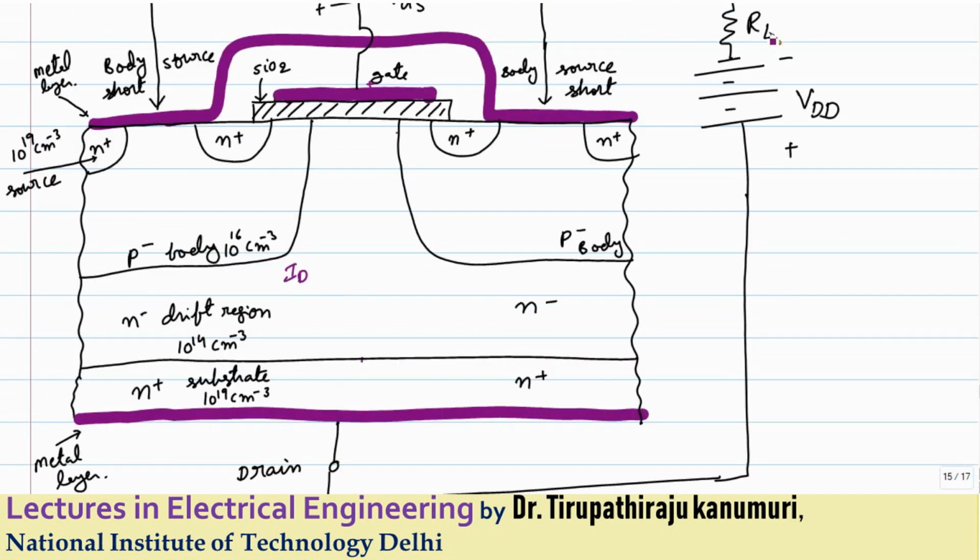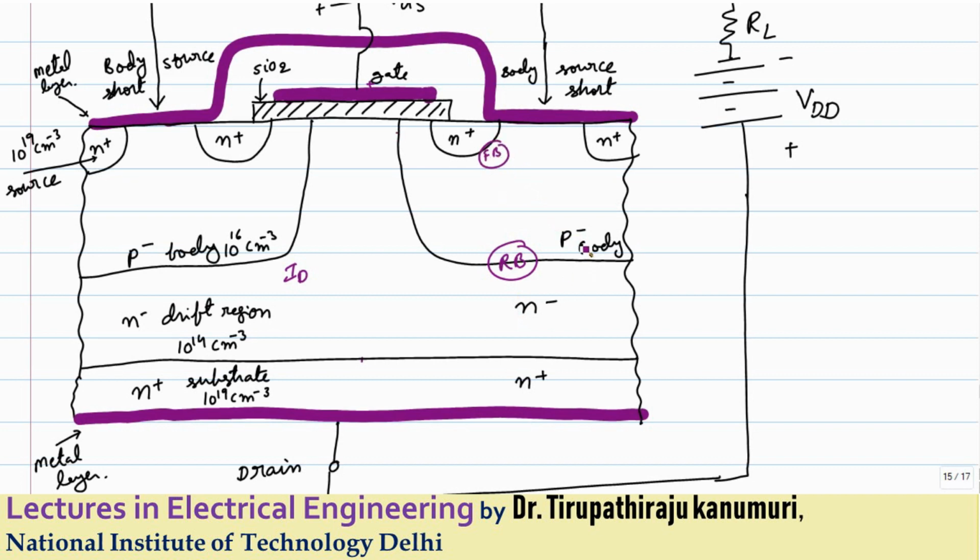Now let us see how this will operate. Under the normal condition, VDD is applied here, and you can see this N terminal is connected to the positive terminal. Between this N plus and N minus, a junction is not formed. This N minus P minus layer will get reverse biased, and this P minus N plus layer is forward biased.